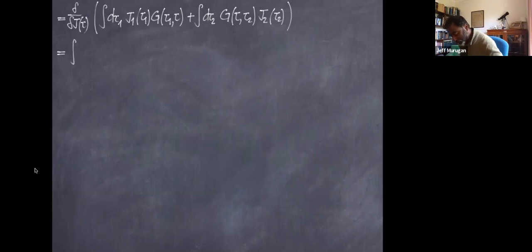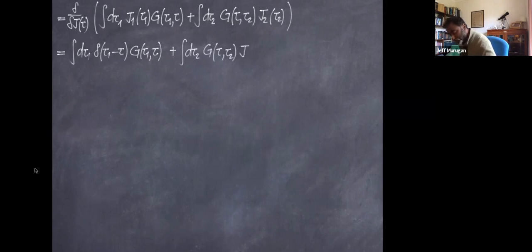So what's left out of this is an integral with respect to tau 1 of delta of tau 1 minus tau, g of tau 1 and tau, plus an integral with respect to tau 2 of g of tau 2 delta of tau 2 minus tau.